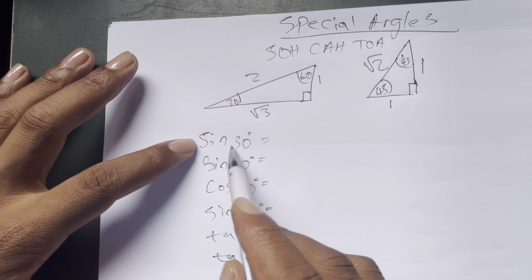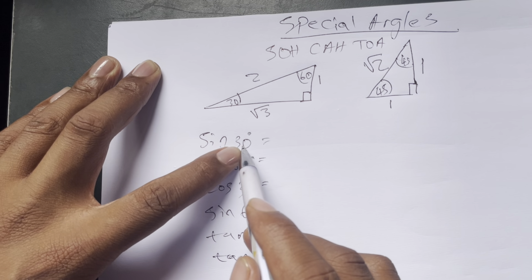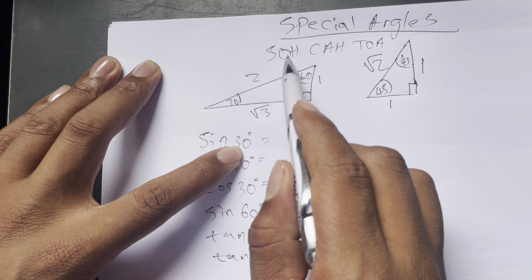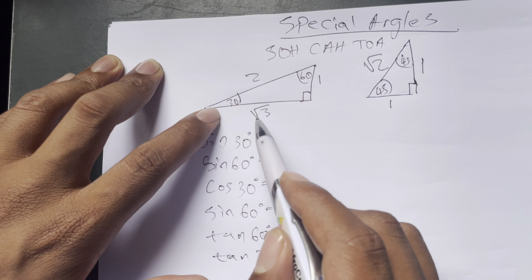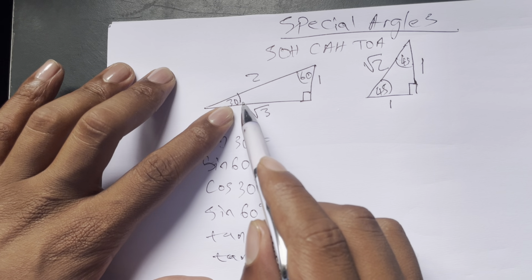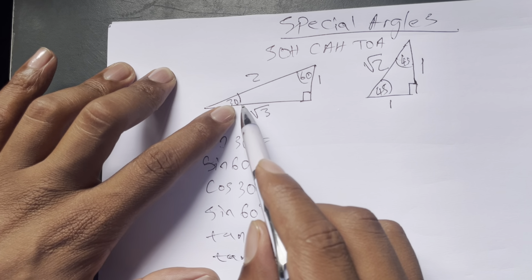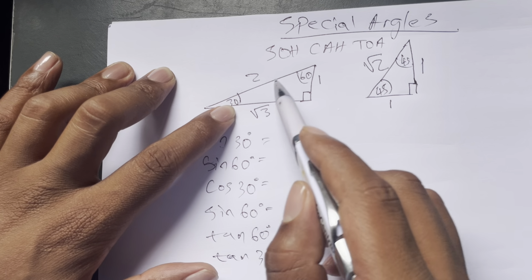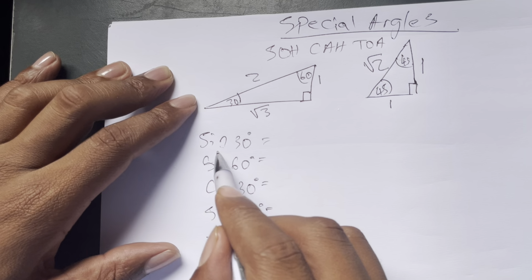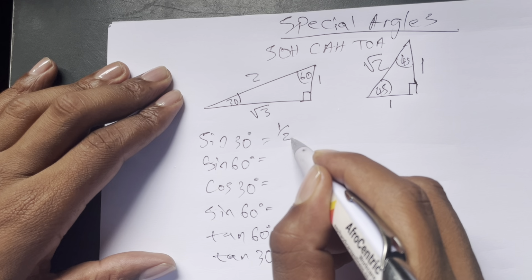Sine 30, sine being opposite over hypotenuse, 30 becomes our reference angle. So which side is opposite to 30? The side opposite to 30 is 1. The hypotenuse is the longest side, which will be 2. Therefore, sine 30 will be 1 over 2.